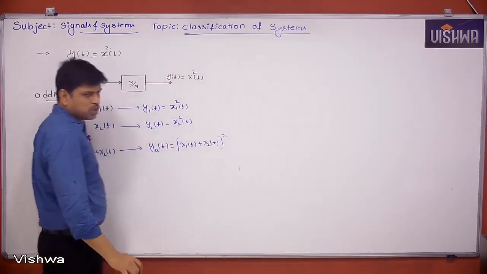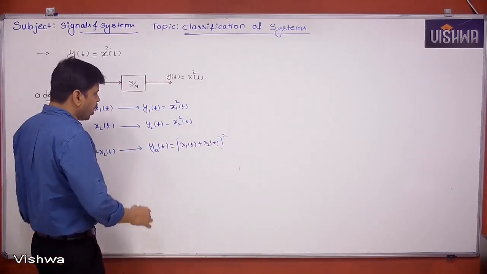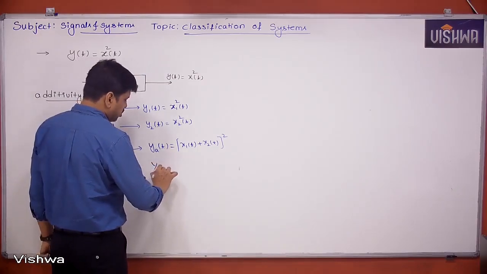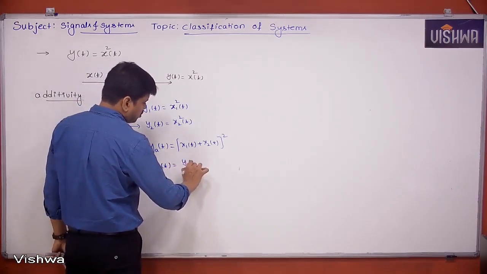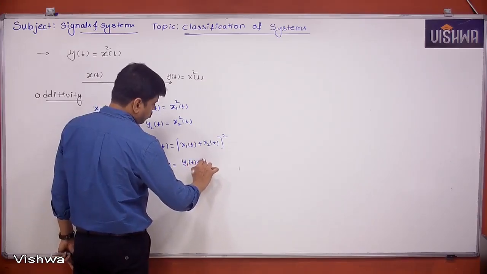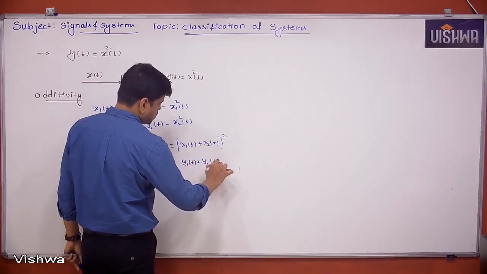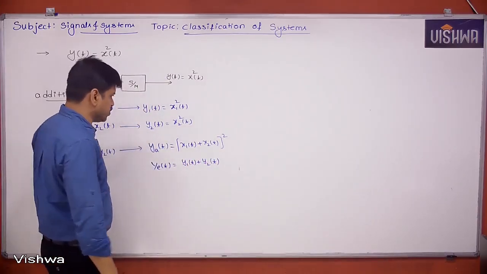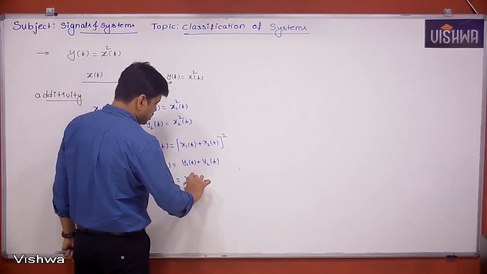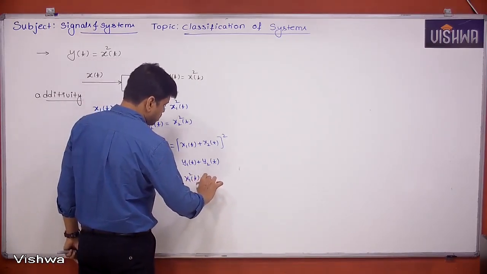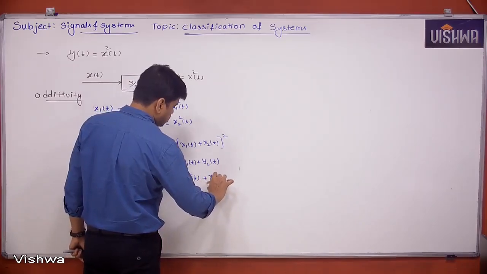That's the actual output we are getting. But the expected output is in the form of y1 of t plus y2 of t, that means it is x1 of t square plus x2 of t square.